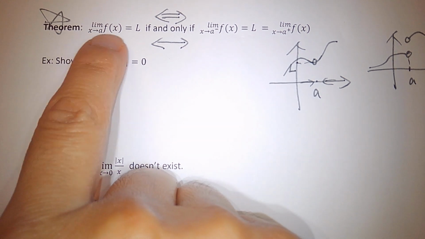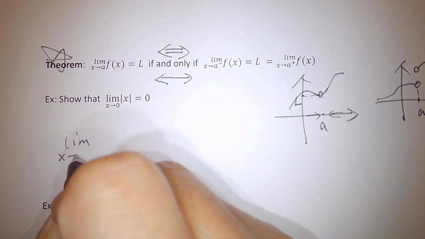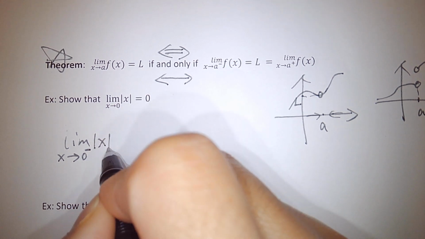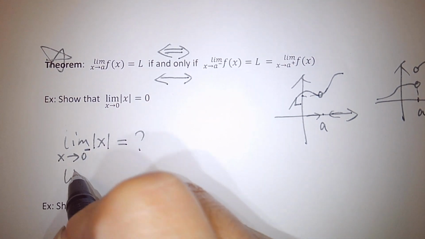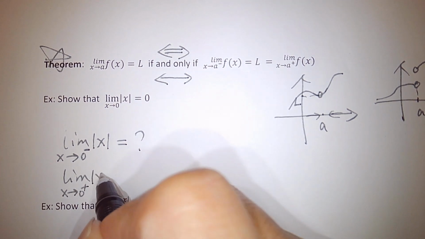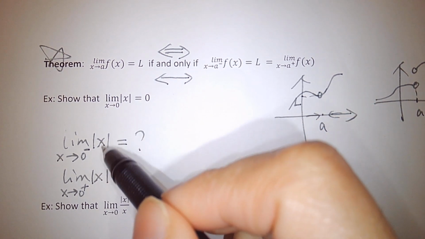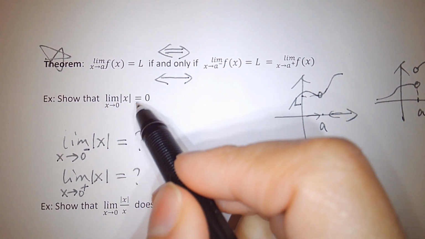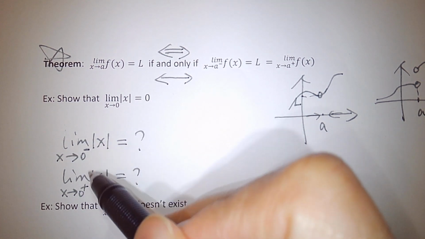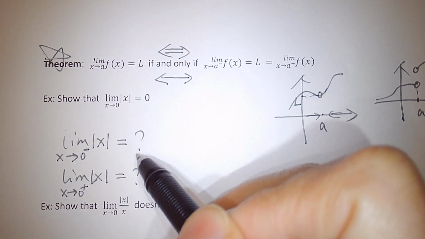In order to prove this limit exists, we prove what the absolute value equals when x approaches 0 from the left, and also when x approaches 0 from the positive side. If these two one-sided limits equal each other, then the whole limit will exist. And if both equal 0, then the entire limit equals 0.